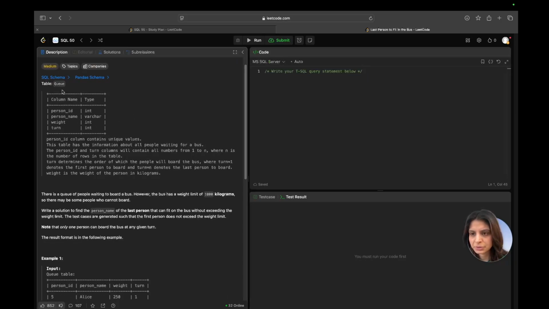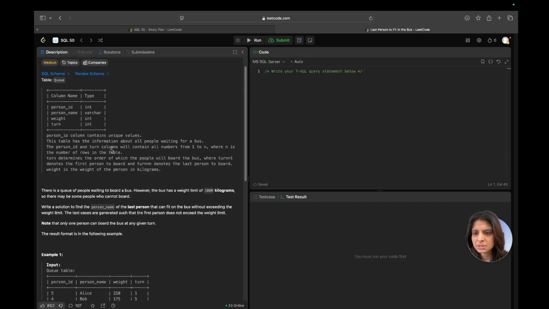We have a queue table with 4 columns, and person ID is the primary key here. The table has the information about all people waiting for a bus. The person ID and the turn columns will contain all numbers from 1 to n, where n is the number of rows in the table.